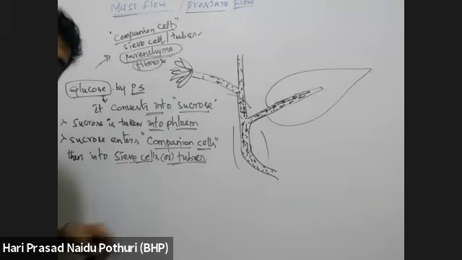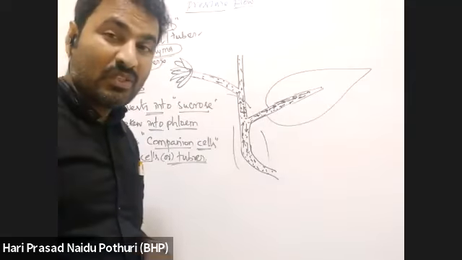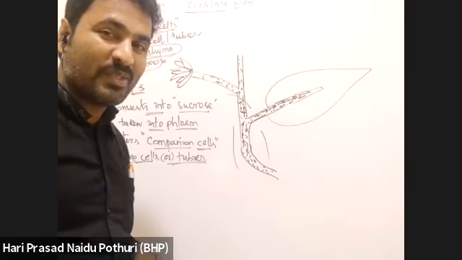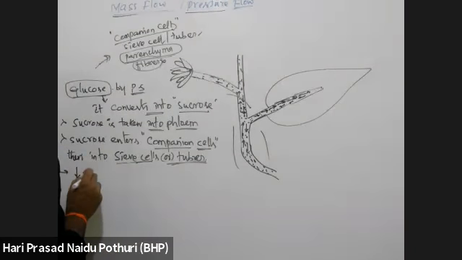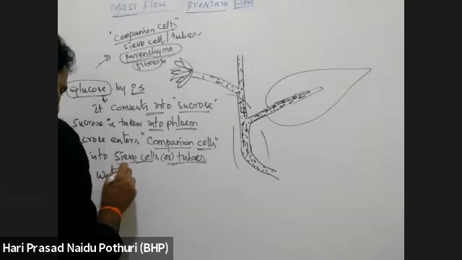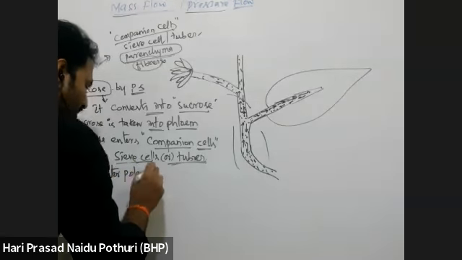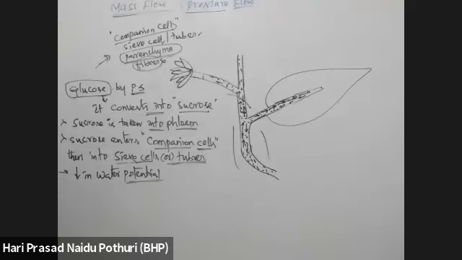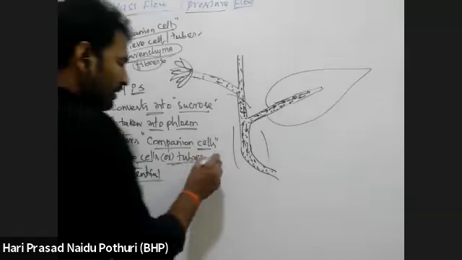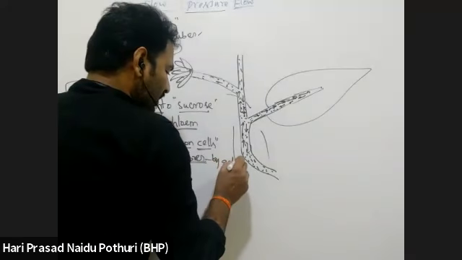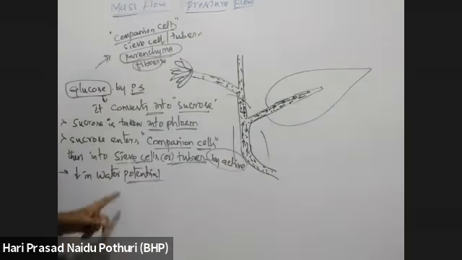Inside the sieve cells or sieve tubes, sucrose concentration is increasing. That means solute concentration is increasing, which causes a decrease in water potential. Yes or no? So water potential will decrease. This entry of sucrose into sieve cells is by active absorption or active transport.